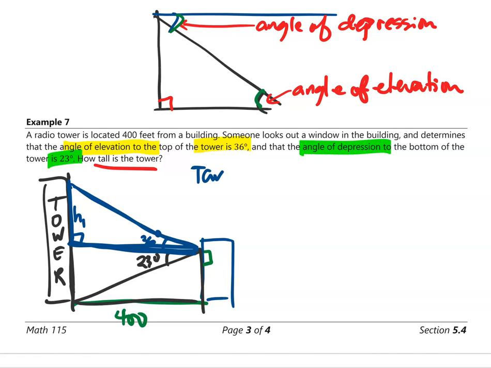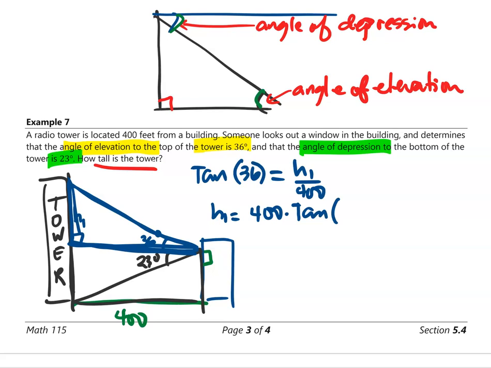So we can use tangent of 36 degrees is equal to this height here over 400. So meaning h1 is equal to, if we cross multiply here, 400 times tangent of 36 degrees, which is equal to 290.617 feet.